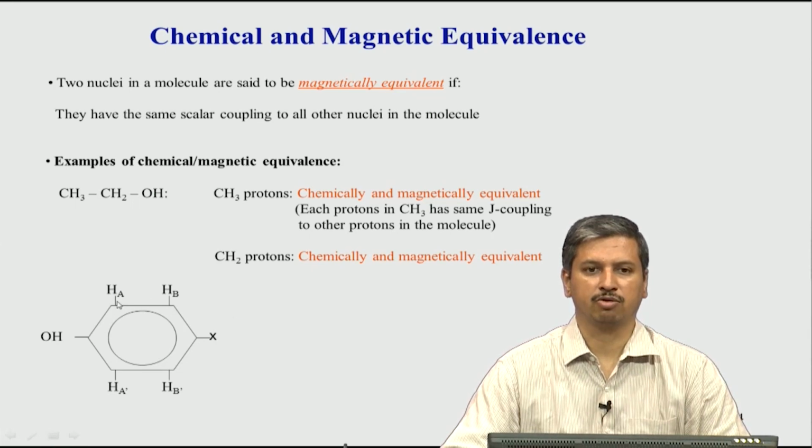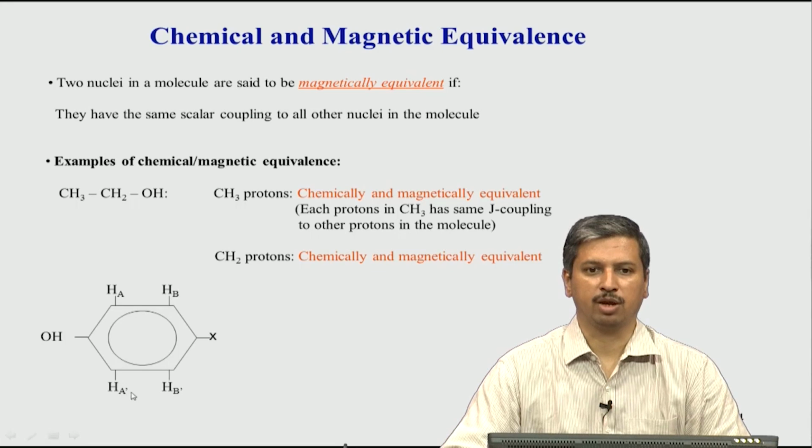For that, you have to look at the interaction with all other hydrogens. If you look at this hydrogen A, it has a particular interaction with B, that is J coupling, separated by 1 bond, 2 bonds and 3 bonds. But if you look at the interaction of this A with this B, it is not the same, because it is now 1 bond, 2 bonds, 3 bonds, 4 and 5 bonds away.